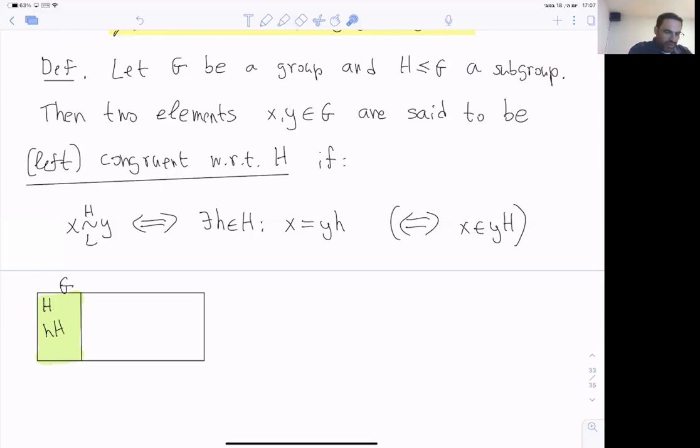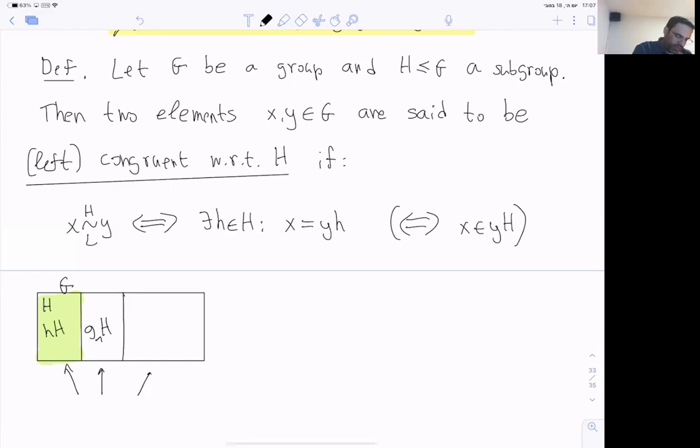But if we take an element outside of H, some g in G, and we multiply all elements in H from the left by this g, then we get another set which we call a coset.